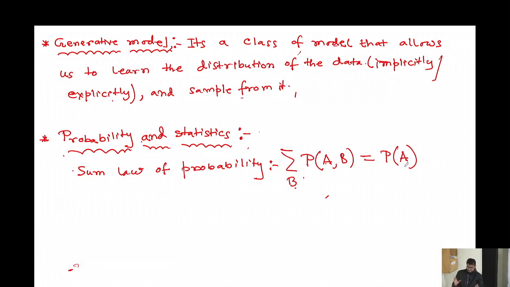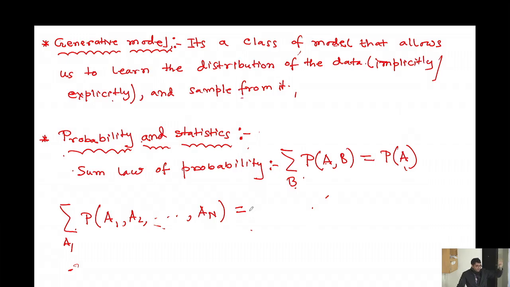So for example, in a general sense, if I do probability of, let's say, A1, A2, up to AN, and let's say I'm summing over A1, what will I get? A2 to AN. A1 I am summing over, that will not remain.